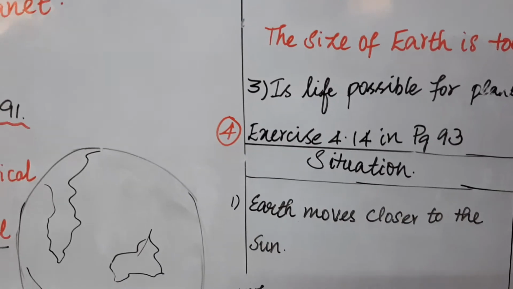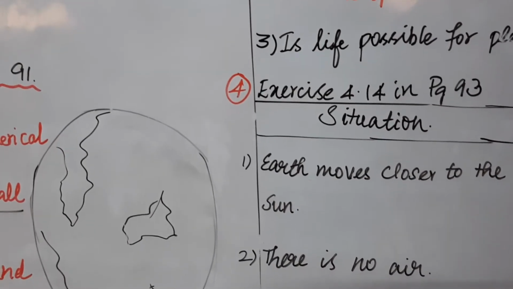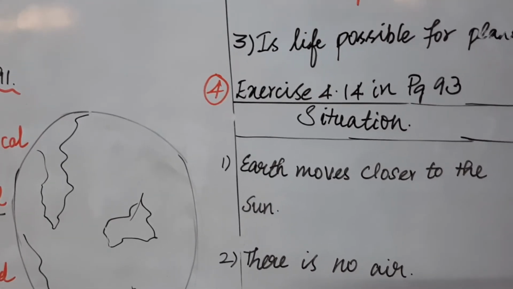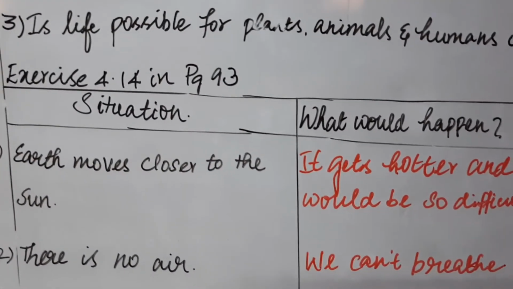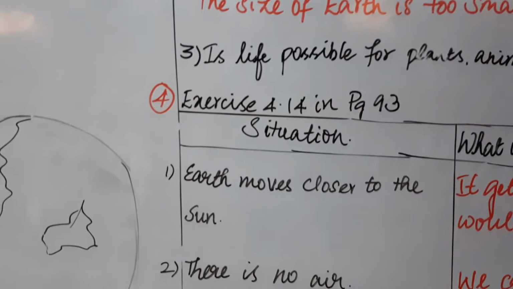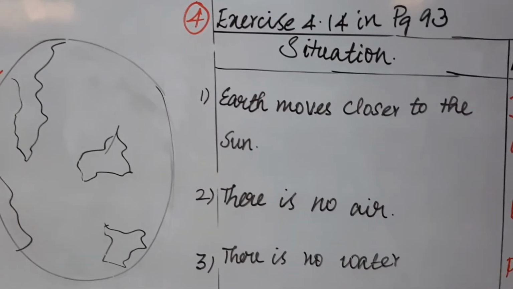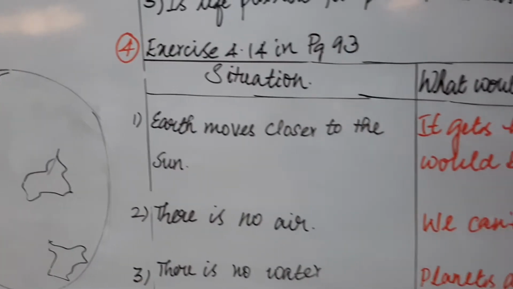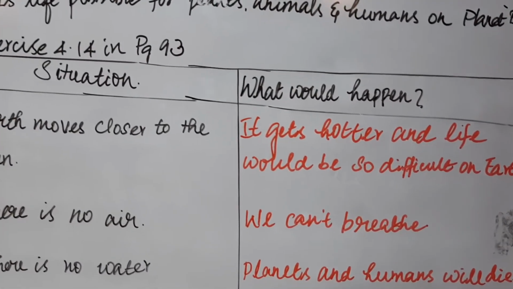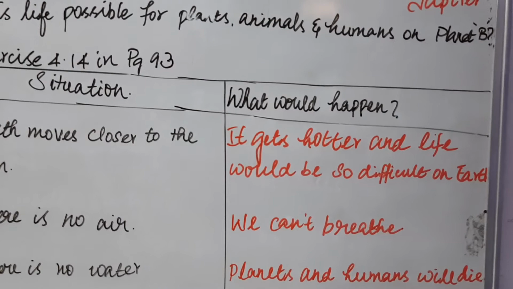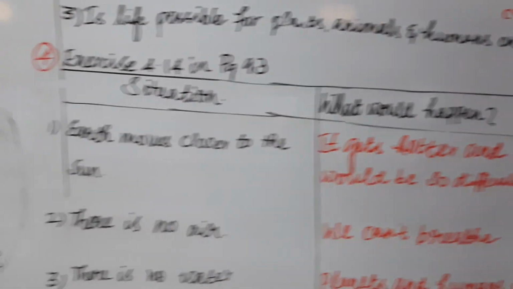Moving on to the next situation. If there is no air, we can't breathe. Moving on to the next situation. If there is no water, plants, animals and humans will die. Without water, no organisms can survive.